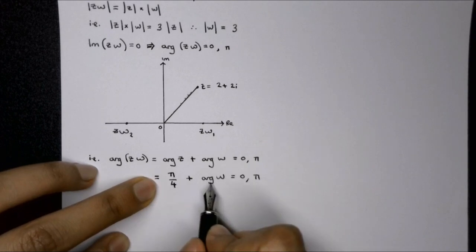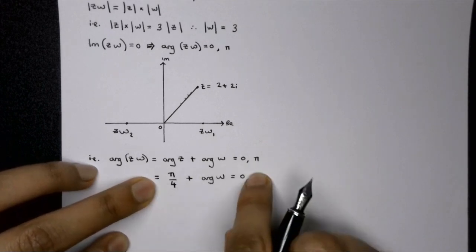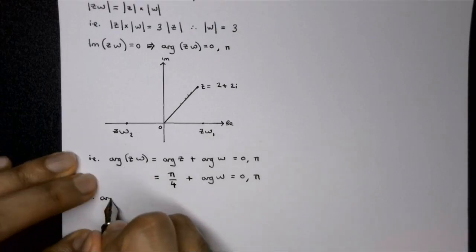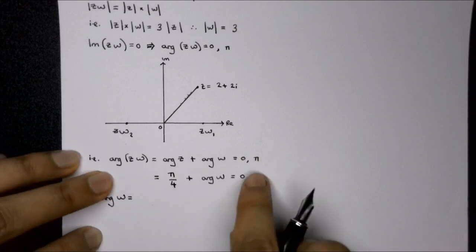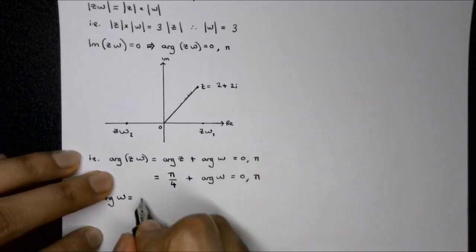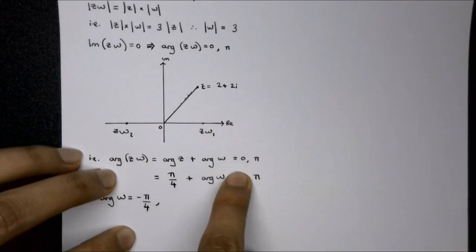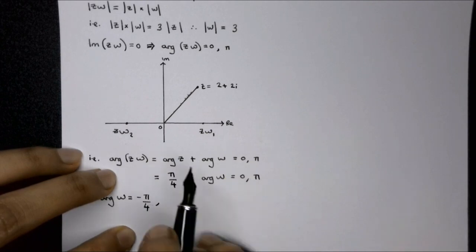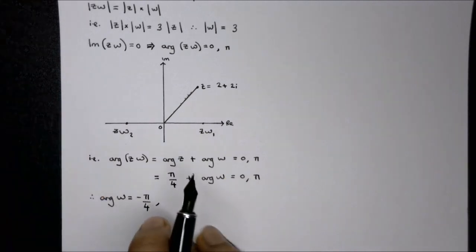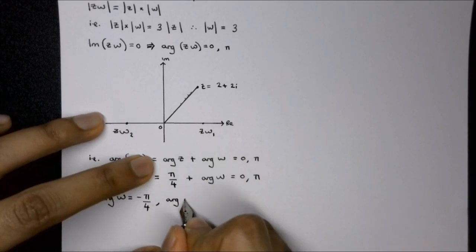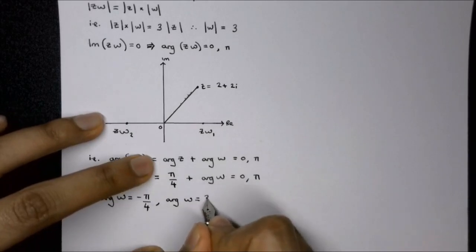Well, of course, if the argument of W plus pi over 4 is equal to 0, that suggests to us that the argument of W is equal to, hopefully here you can see, minus pi over 4, or if the argument of W plus pi over 4 is equal to pi, hopefully here you can see that the argument of W is equal to 3 pi over 4.